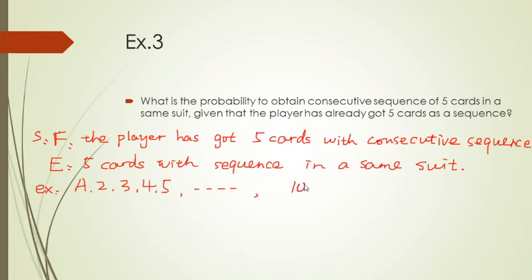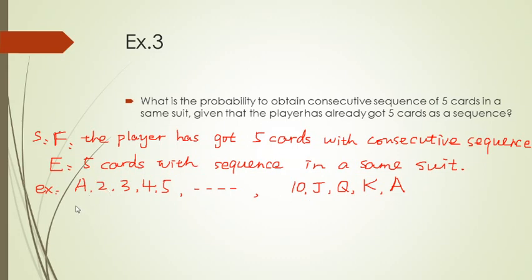And finally, the sequence you can have is 10, Jack, Queen, King, Ace, right? Those are all the different outcomes for event F. They got 5 cards with a consecutive sequence. They might be in the same suit.